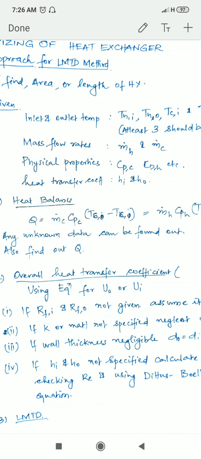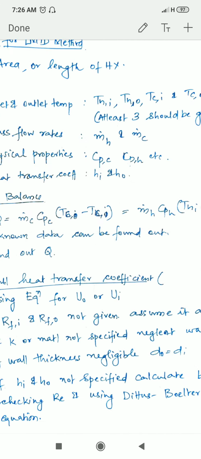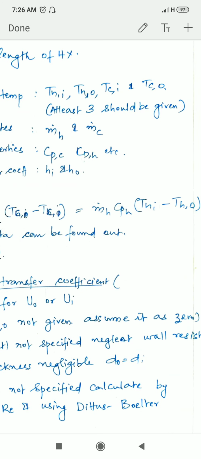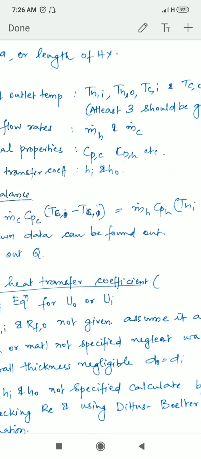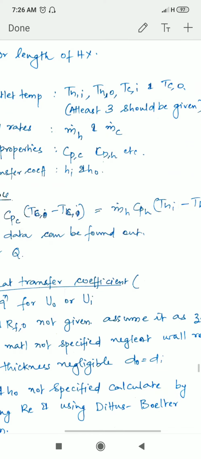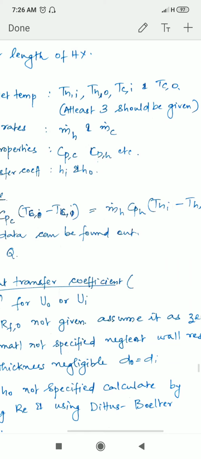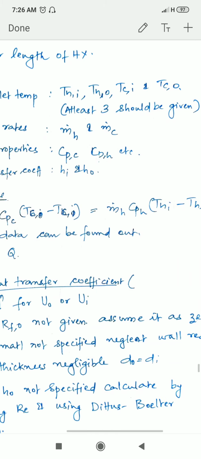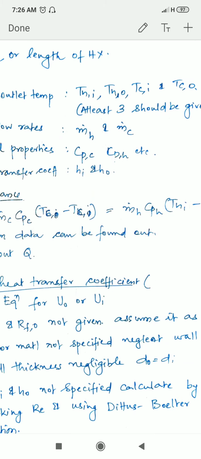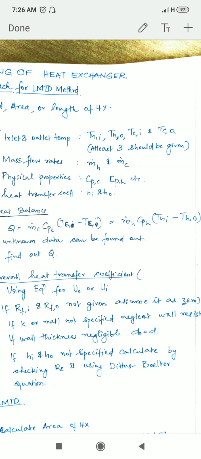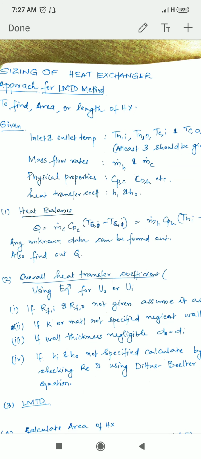So you can use any of these equations to find out Q. Suppose one temperature is not given, suppose THO is not given, so you can use this equation, mC CpC into (TCO minus TCI) equal to mH CpH into (THI minus THO), where everything except THO is available, so we can find out the unknown. So in this heat balance step, two things will be found out: Q and any unknown temperature. That will be covered in the first step.